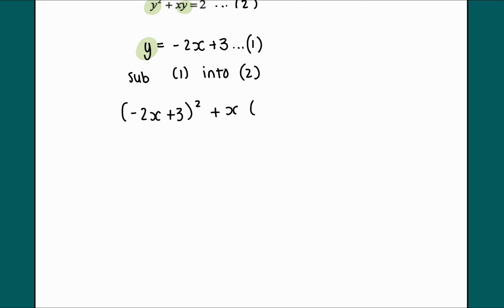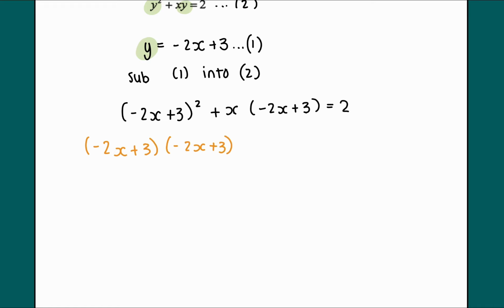Plus x minus 2x plus 3 is equal to 2. Now, do you see I've gotten rid of all of these y's, and now I only have x's, which means I can then solve for just the x. Okay, now what I would recommend is that you separate these into two separate brackets. If you don't need to do that, that is perfectly fine.